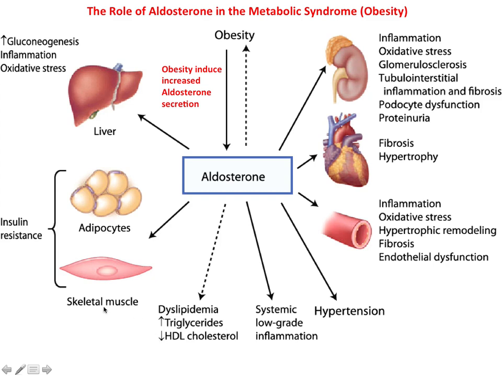It can also induce insulin resistance, which is also dangerous, and it can induce gluconeogenesis, inflammation, and oxidative stress in the liver. So all these effects are due to obesity, because obesity can induce the higher secretion of aldosterone.